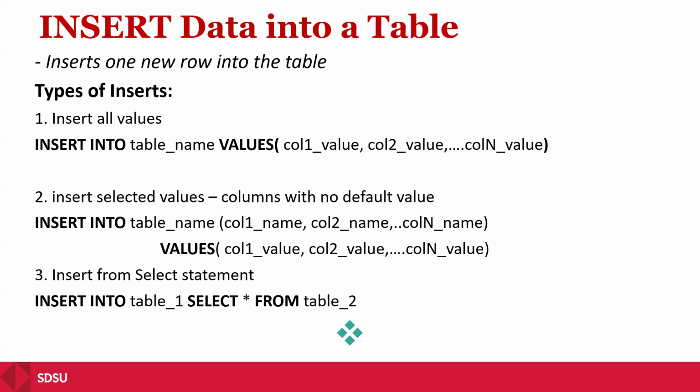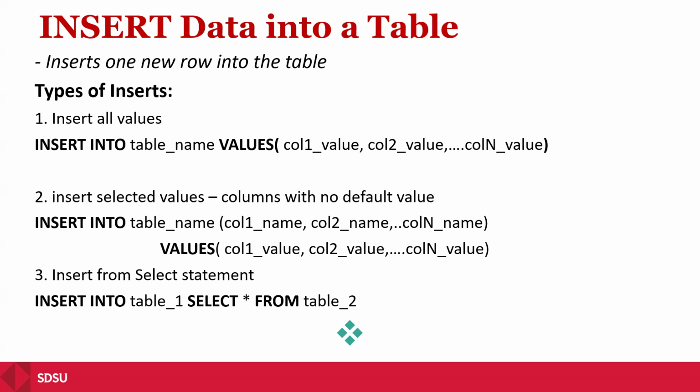So here's an example. Number two is an example of the statement where you only need to insert certain data into this table. And number three is a very specific case. That's when you want to get everything from table one and insert it into table two. When does it come in handy?